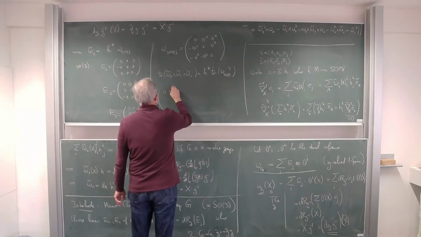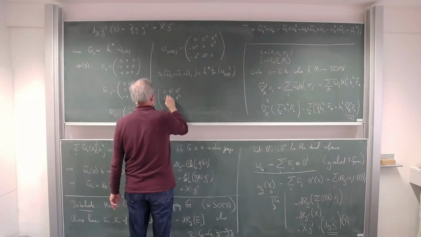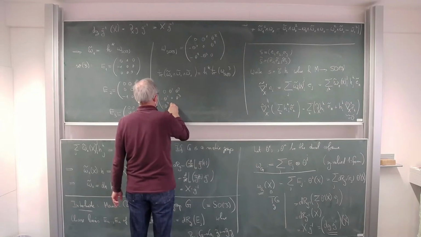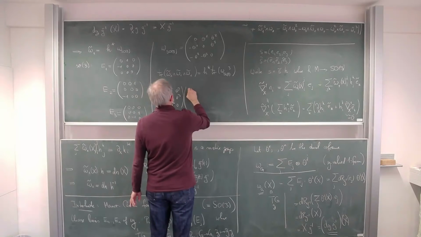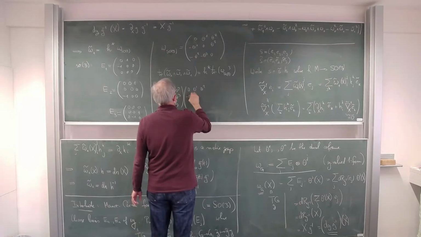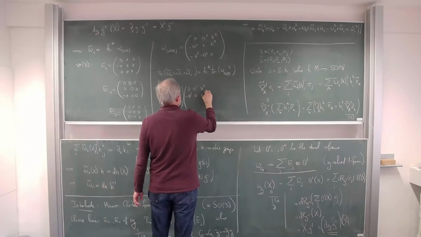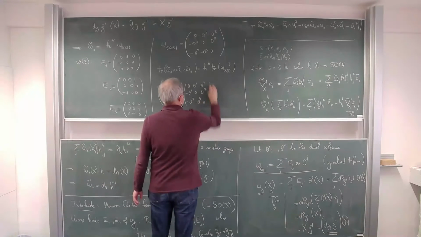The matrix 0, theta 1, theta 2; minus theta 1, 0, theta 3; minus theta 2, minus theta 3, 0, times itself another time.